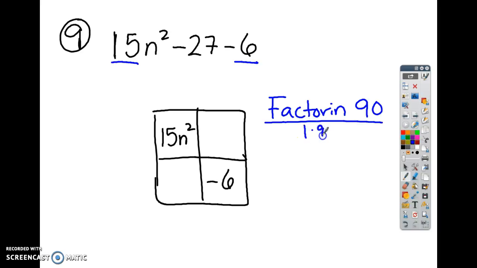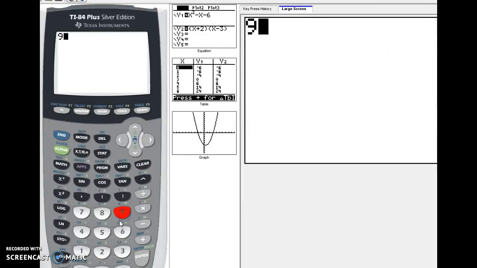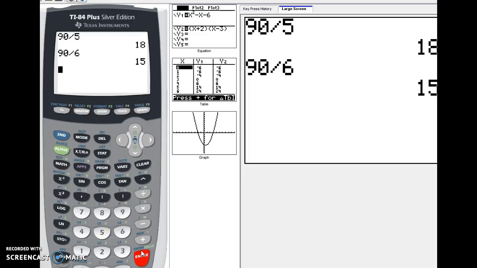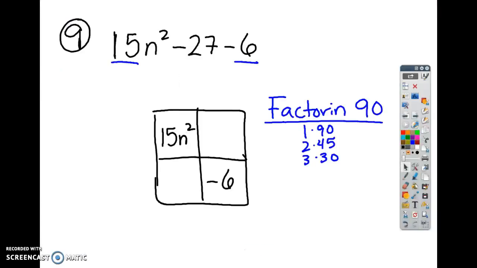I have 1 times 90, 2 times 45, 3 times 30, 5 times 18, because 90 divided by 5 gives you 18, and 6 times 15, because 90 divided by 6 gives you 15. And then 9 times 10.